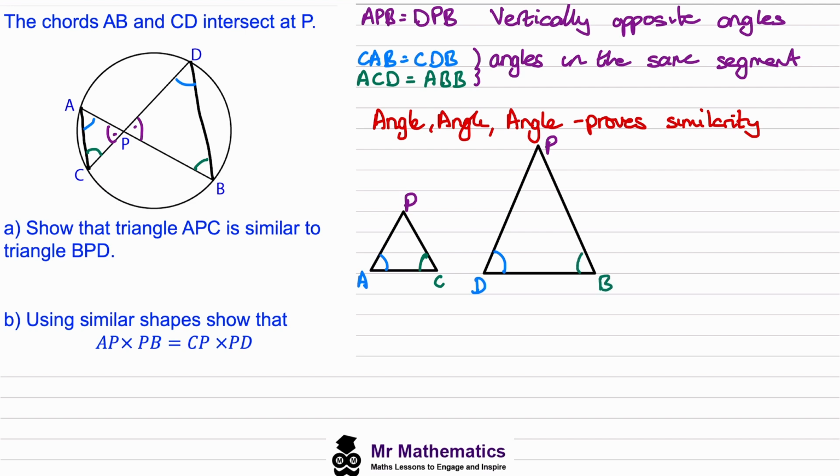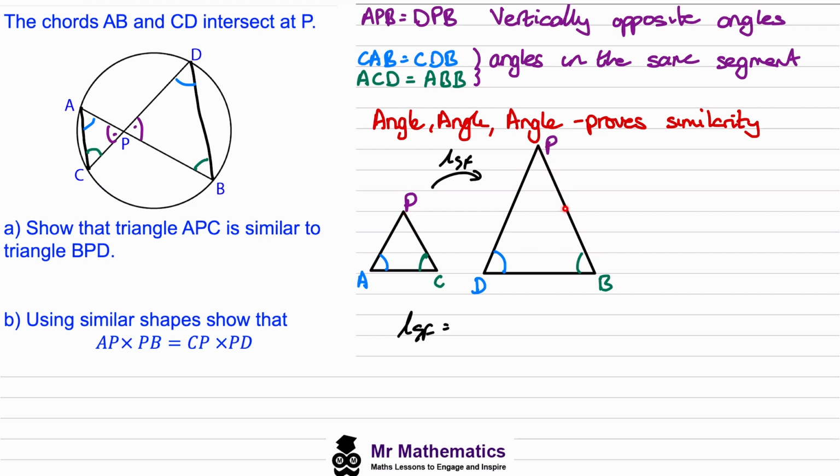Okay? So because the two triangles are similar, we know if we multiply each length in this small triangle by a length scale factor, we'll get the corresponding lengths in the bigger triangle. And we can work out the length scale factor by dividing one length by its corresponding length in the other shape.